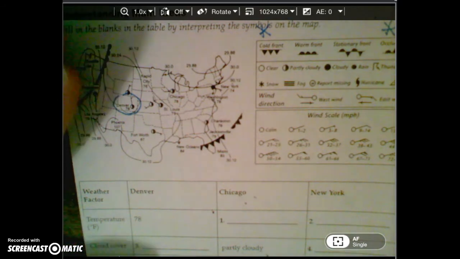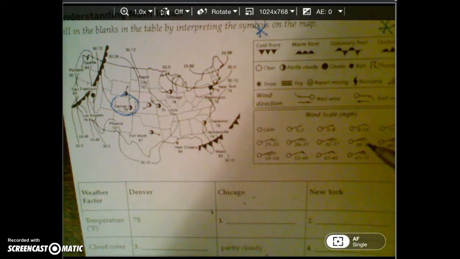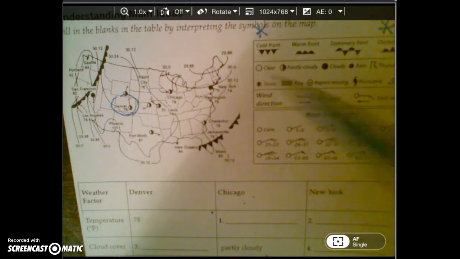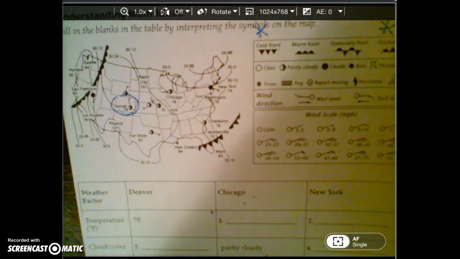The next thing that we have on this list is cloud cover. Now if I look over here at my key, it tells you a circle that's clear, or a circle with no shading in it, is clear. Circle with half shading is partly cloudy. Full shading is cloudy. And then rain and then thunderstorm.